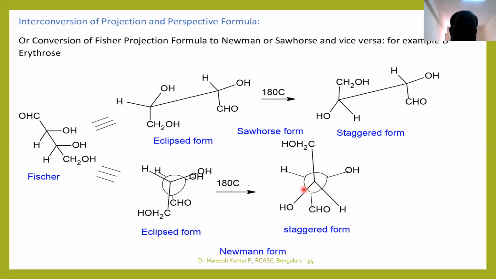This is how one can convert a Fisher projection formula into a Sahars projection formula, and similarly a Fisher projection formula can be converted into a Newman projection formula. Of these, staggered forms are always more stable compared to the eclipsed form. That is a rule you can remember.